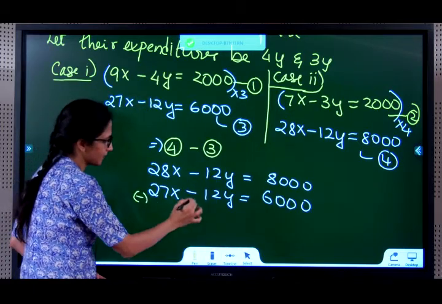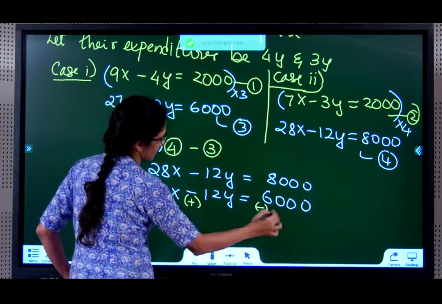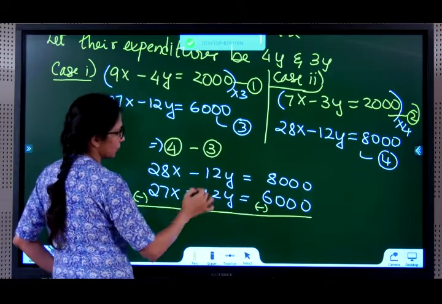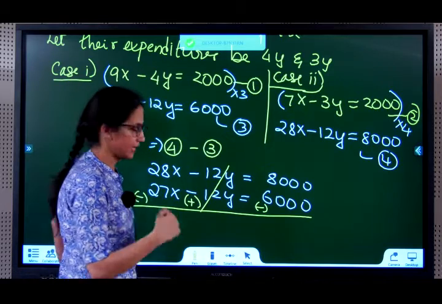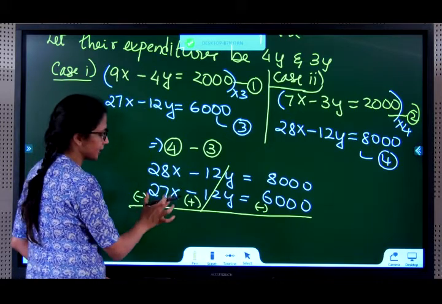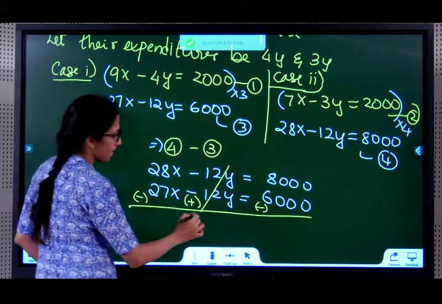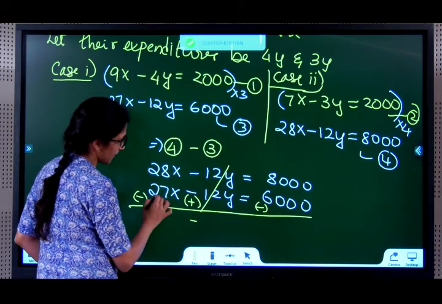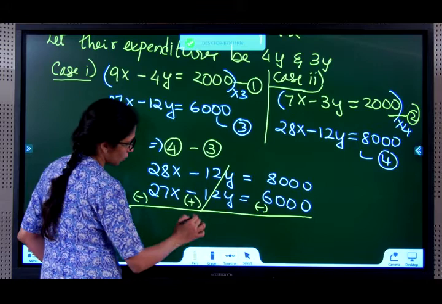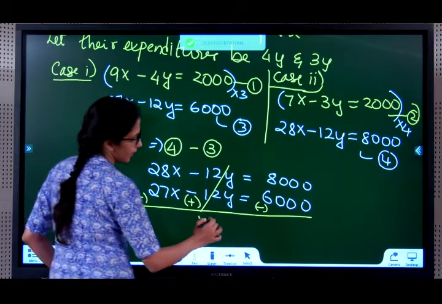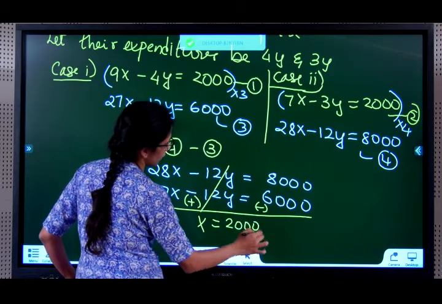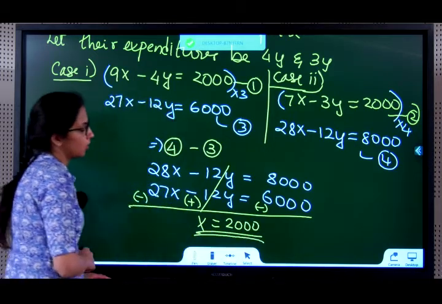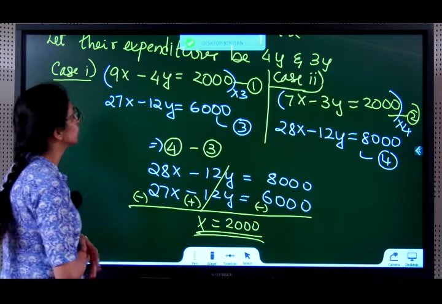This becomes minus, minus becomes plus, and this becomes minus. Minus 12 plus 12 cancels. Y got eliminated. 28x minus 27x, 28 minus 27, 1. So just x. 8,000 minus 6,000, 2,000. So you get x is equal to 2,000.